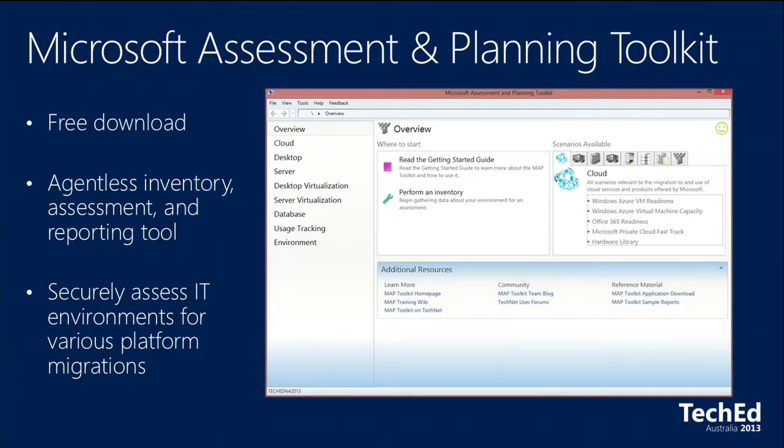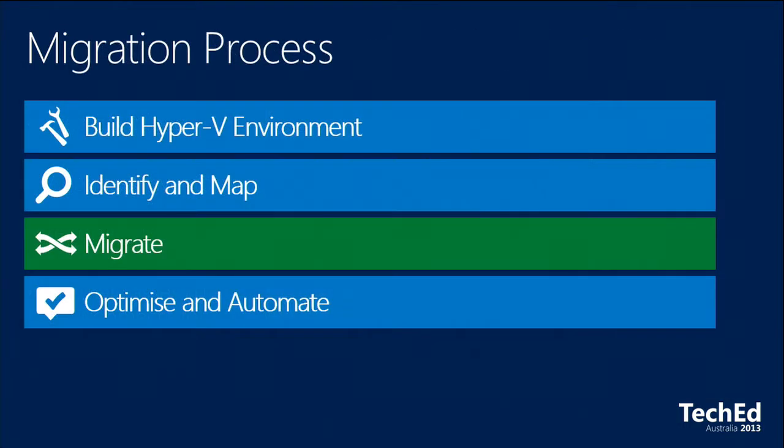Will you still need to get out your own spreadsheet and work out your own mapping and dependencies and which machine's going to come across and everything? Yeah, you will. You can't just use a tool like Config Manager or MAP alone. You're still just going to have to create your own running set list or something about what's going to be migrated when. But that's available to help.